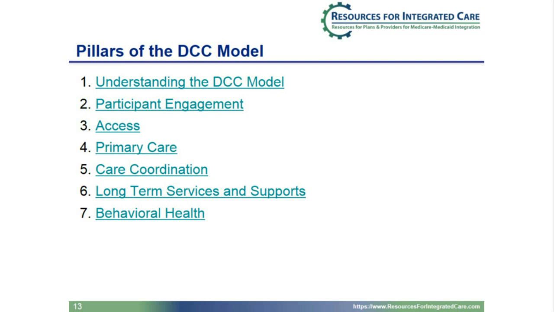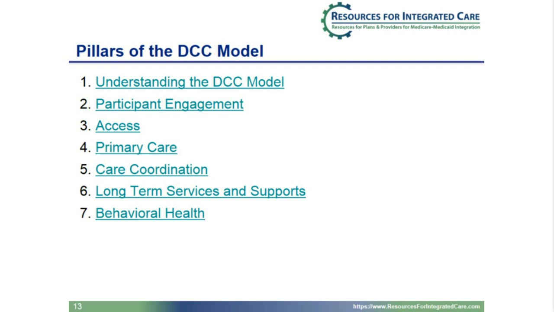Access, the third pillar, focuses on addressing barriers to obtaining care and support. The barriers are physical, attitudinal, equipment, communication, both language and alternative formats, and the navigational and coordination of services. The fourth is timely and proactive primary care, focus on maintaining health and preventing avoidable episodes of illness.